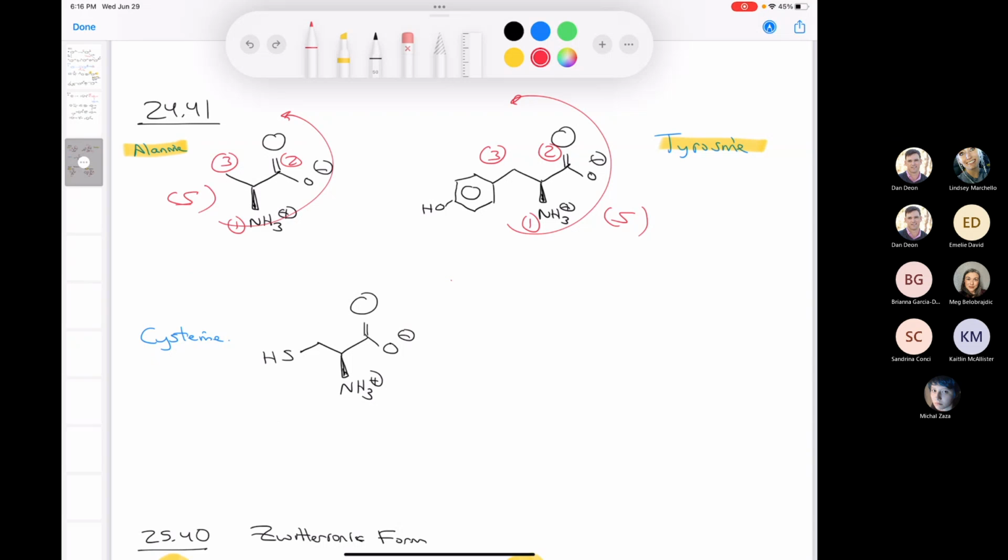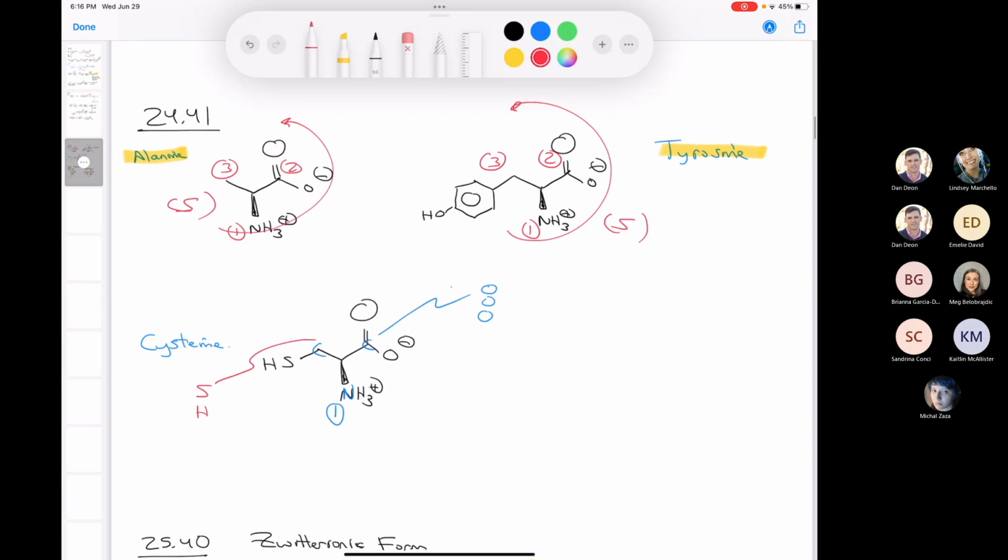And the reason why is, yes, we start on the nitrogen because it has the highest atomic number between the nitrogen, the carbon, and the carbon. However, if you look at this carbon, it's attached to 3 oxygens. And if we look at this carbon over here, it's attached to a sulfur and 2 hydrogens.